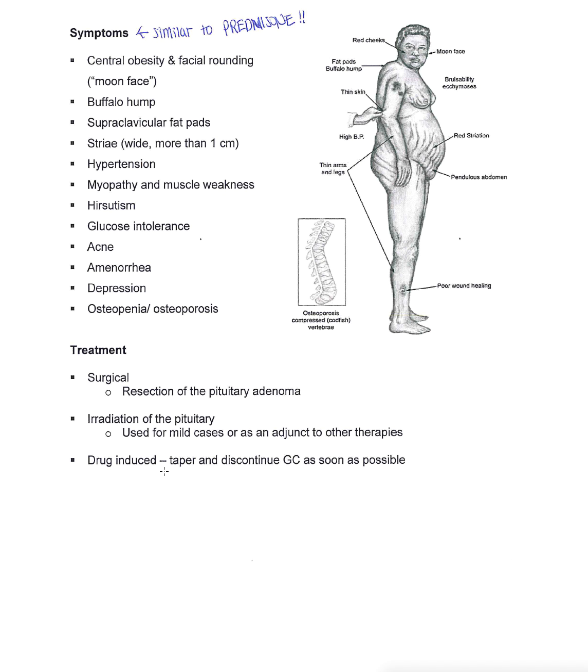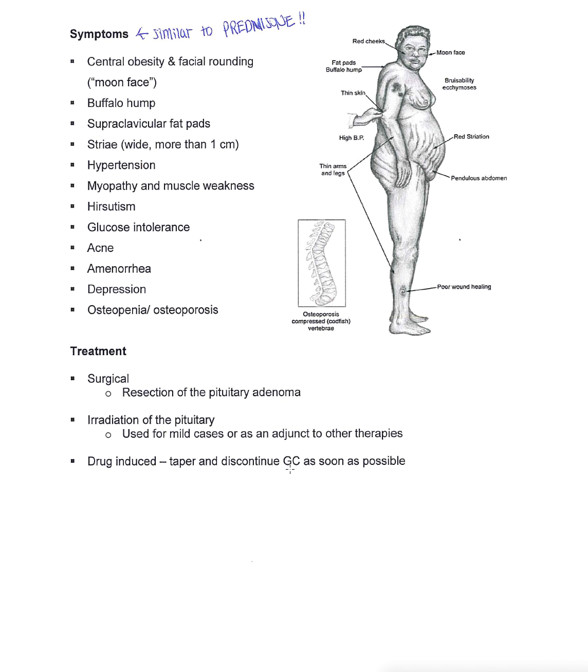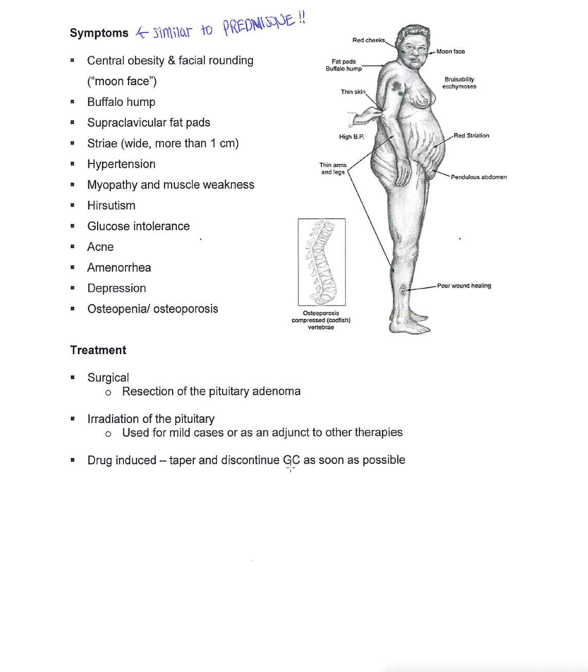If it's drug induced, slow tapering and discontinuation of glucocorticoid as soon as possible is really the key point for any exogenous source. There are some other drugs that you may see in the textbook. Really, surgery and discontinuation of glucocorticoids is the mainstay of therapy.